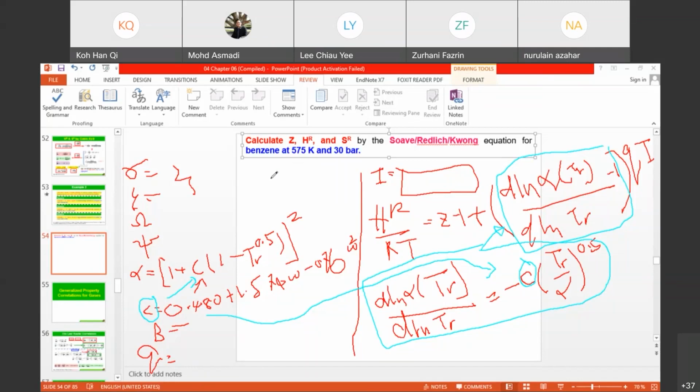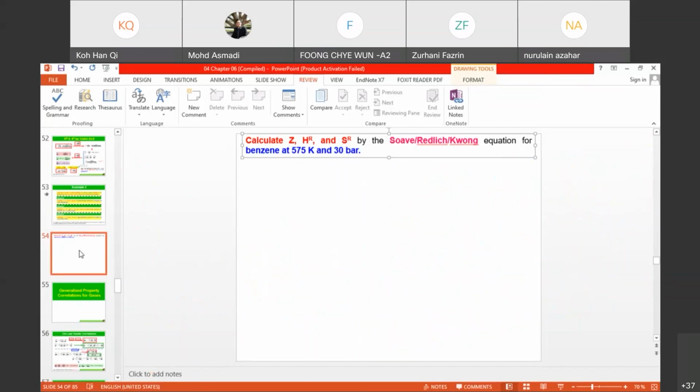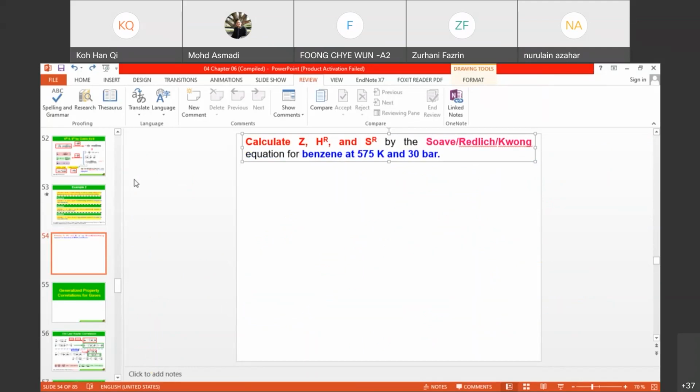Just now you said the integration for ln delta and ln theta is the same in Soave-Redlich-Kwong and Peng-Robinson? Yes, Peng-Robinson is also the same, that integration equation is the same. Not the integration, the derivation step part. Just use this one, Peng-Robinson is the same.